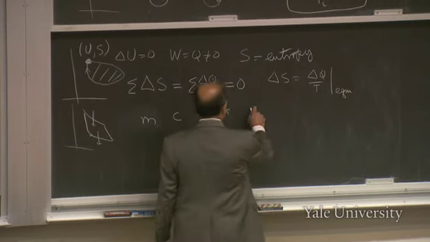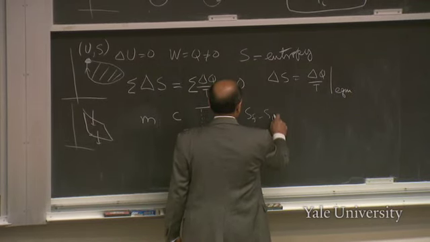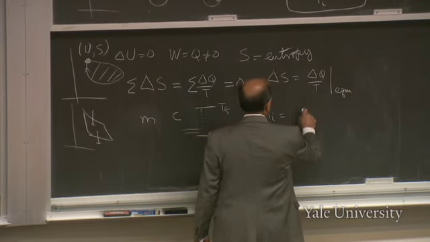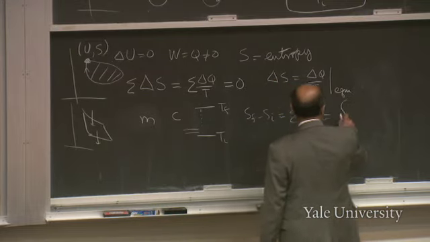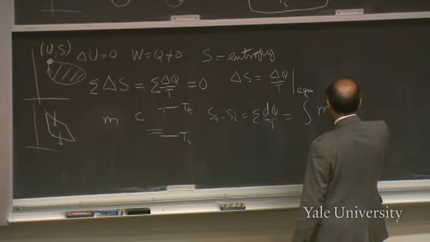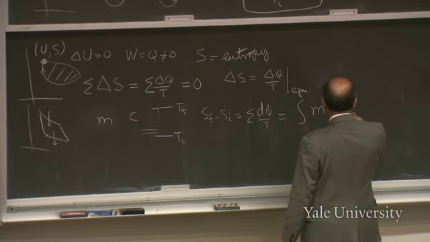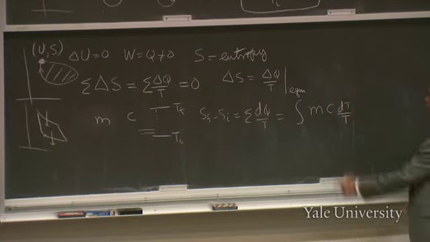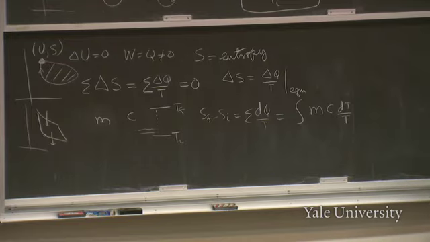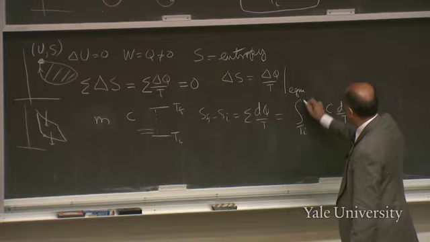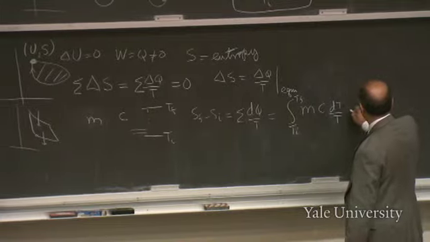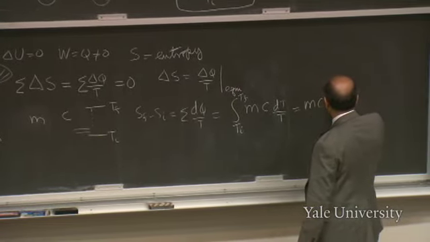So what's the change in entropy? S final minus S initial is equal to dq over T, summed over all the parts, or I should write it as an integral, as mc delta T over T. Do you see that? dq is mc delta T. But I've got to divide by T, and that integral is done between some initial and final temperature, and we can do this integral rather trivially.